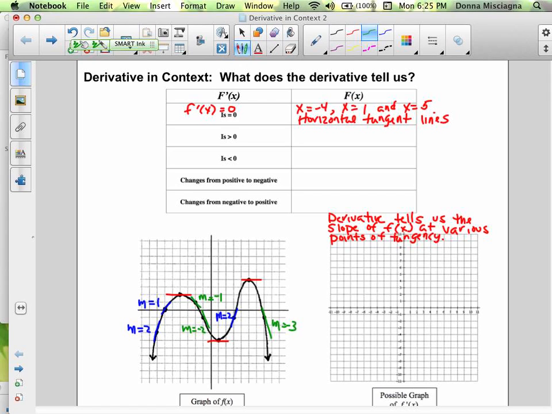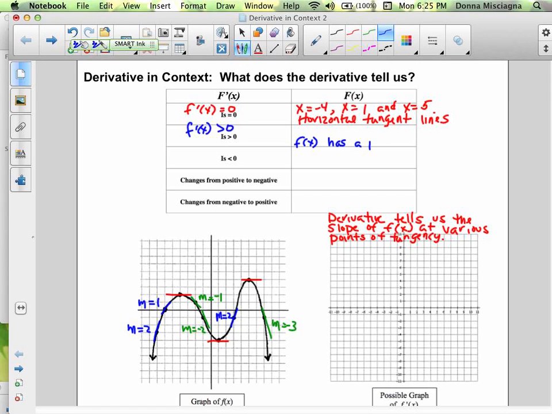All right, so we want to first look at where f prime of x is greater than 0. f prime of x is greater than 0 because remember, the derivative tells us the slope. That's going to be greater than 0 where the slopes are positive. So f of x has a positive slope.